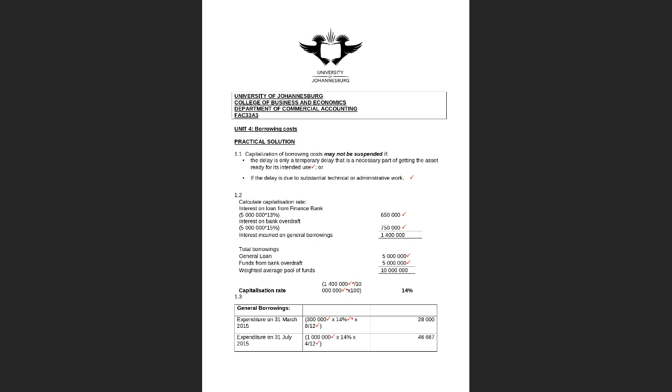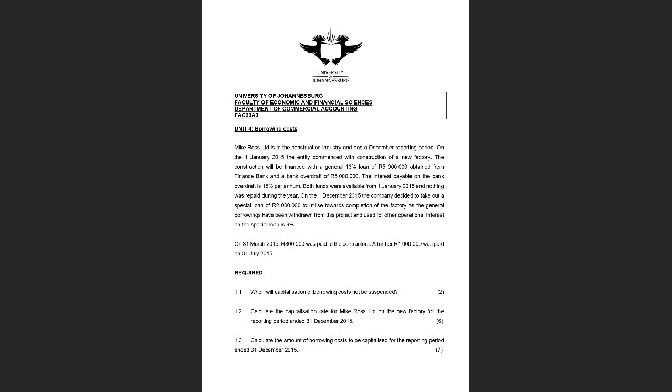Okay, so in this question, I'm going to go back to the question. They say that the construction will be financed with a general 13% loan obtained from finance bank and a bank overdraft of 5 million.